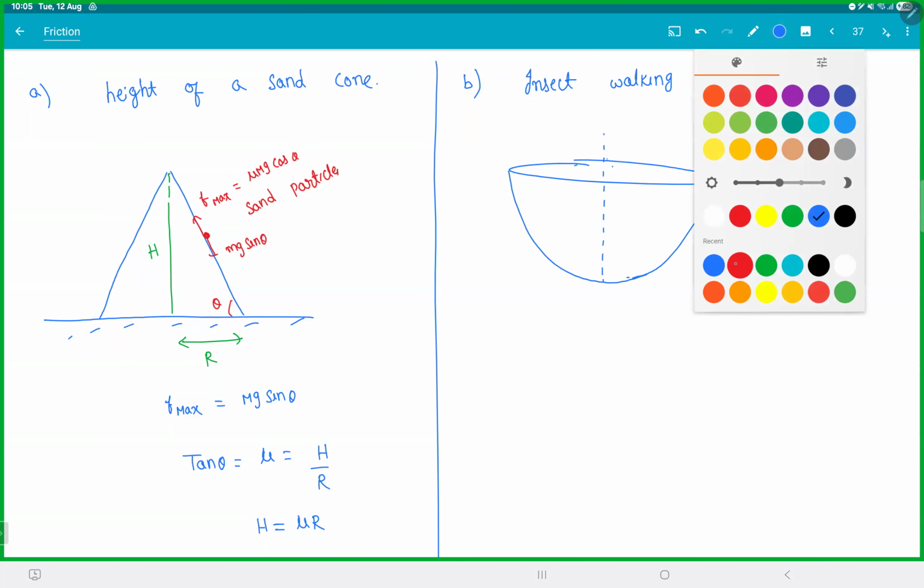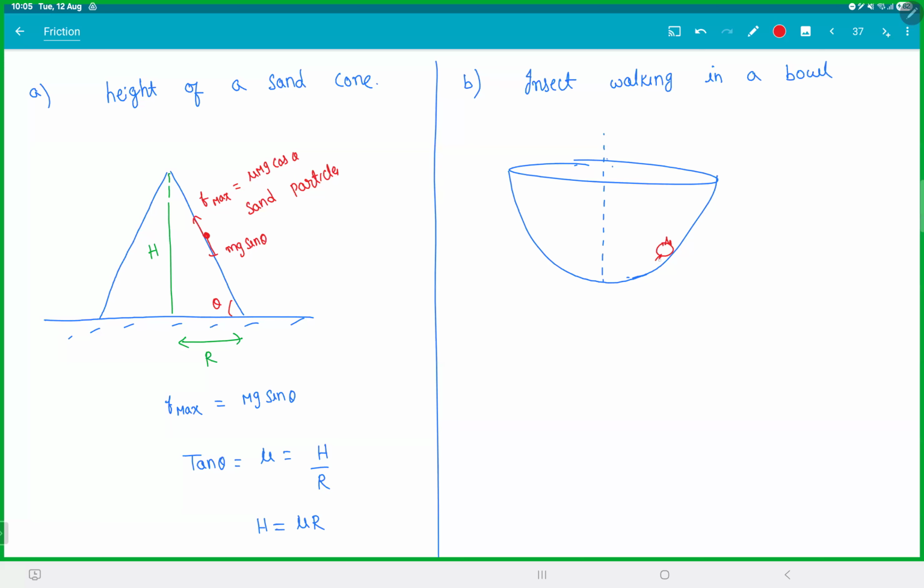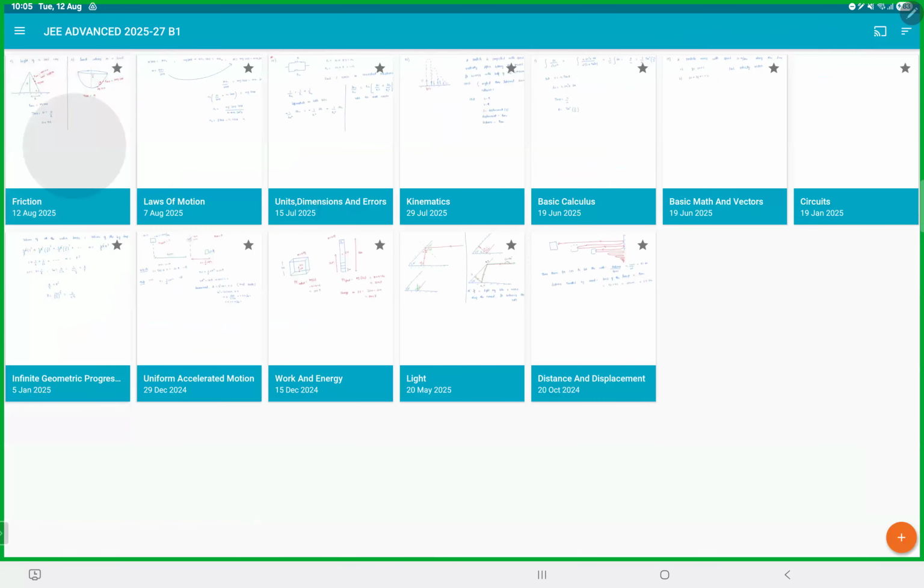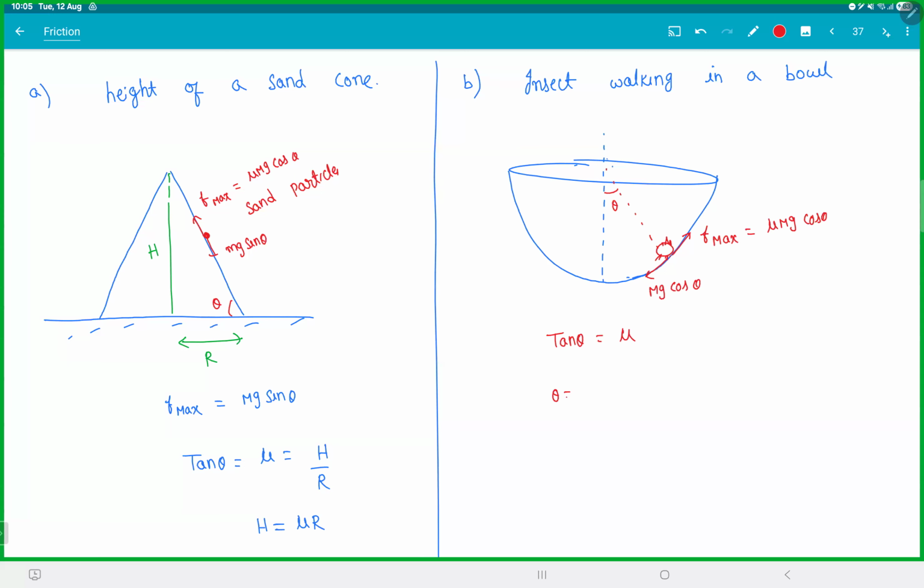If a rat is trying to walk on this, the reason an insect can walk is because of friction. So friction is dragging you up. If I take you and throw you into a hemisphere, the same thing happens with you. This is mg cos theta. The maximum angle you can climb is tan theta is equal to mu, the angle of repose. After reaching this point, mg sine theta dominates friction, and it slips.